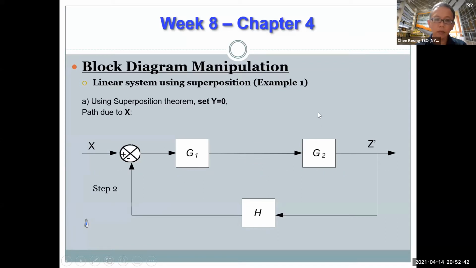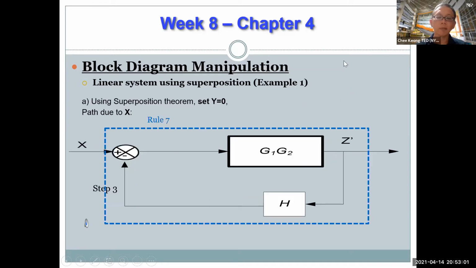Step 2. Since the summing node between G1 and G2 is not summing with Y, as Y is set to 0, we can remove the summing node. Okay, so this part, the summing node I have already mentioned, so we will proceed to the next step. In step 3, we multiply G1 and G2 together to get G1, G2, using rule 7 for negative feedback loop.